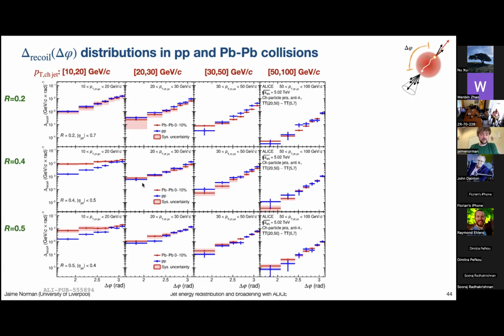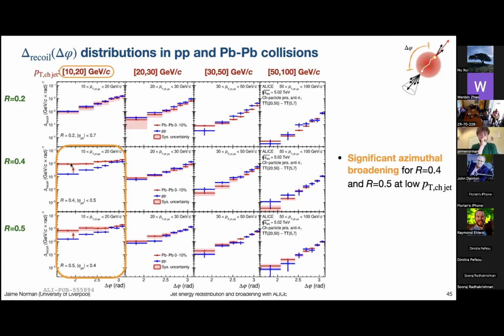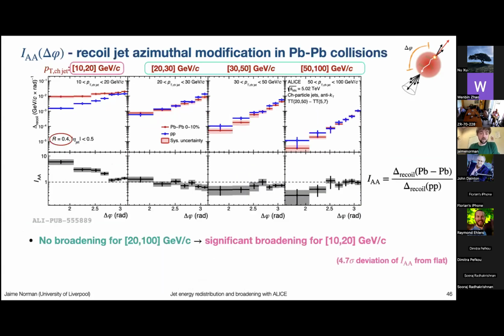We compare the lead-lead and PP distributions, and for the most part, we see the shapes are fairly consistent between lead-lead and PP, except for the lowest pT region for R equals 0.4 and 0.5 jets, where we see a significant broadening of the delta phi distribution in lead-lead collisions with respect to proton-proton collisions. Again, we can take the ratio.